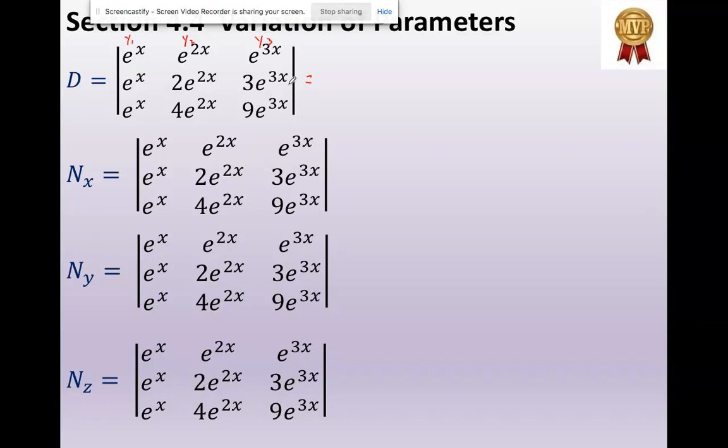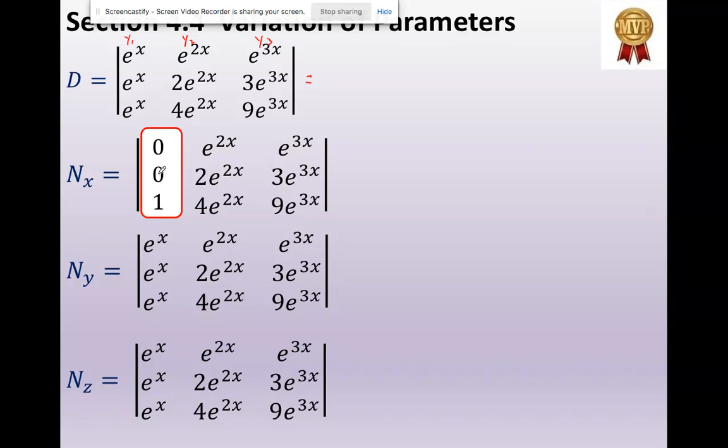I don't need to go through this, but I'm going to call that determinant W. The next determinant and the numerator of the first ratio is the exact same determinant except the X column, if you will. The first column is replaced with 0, 0, 1.